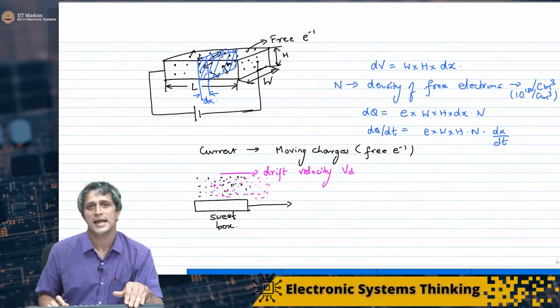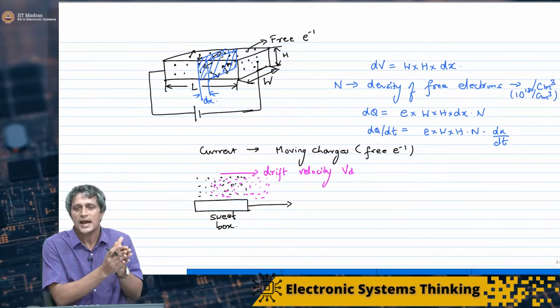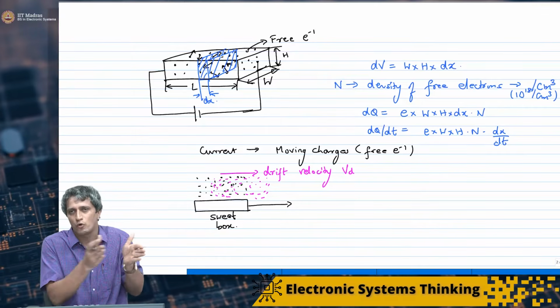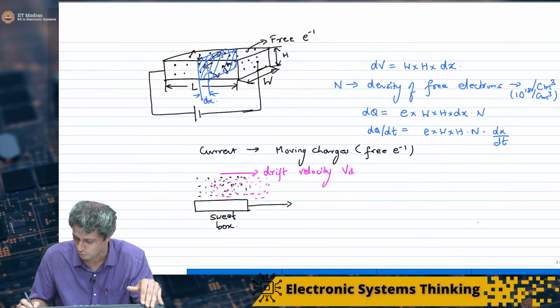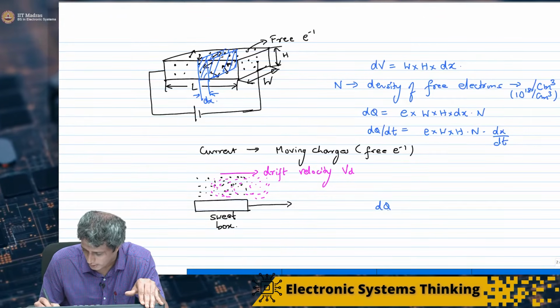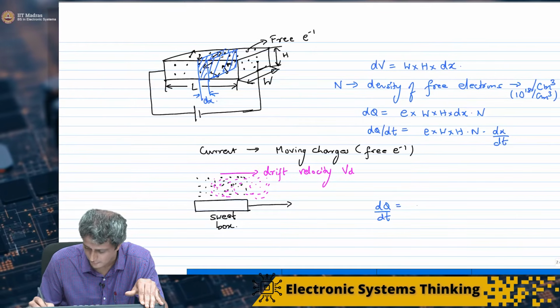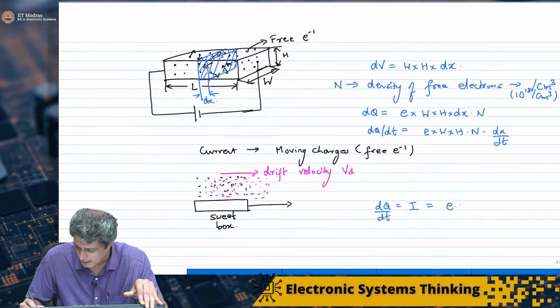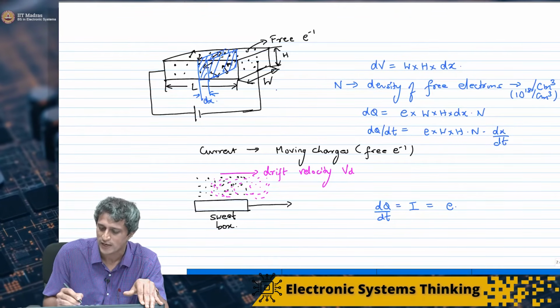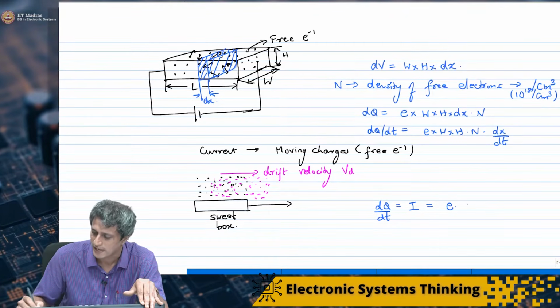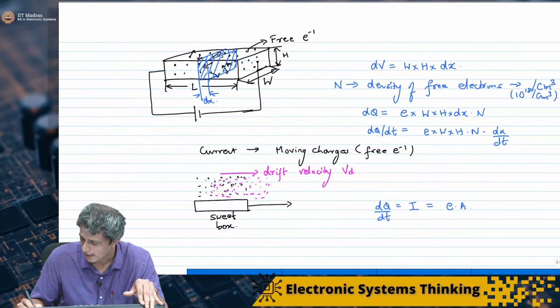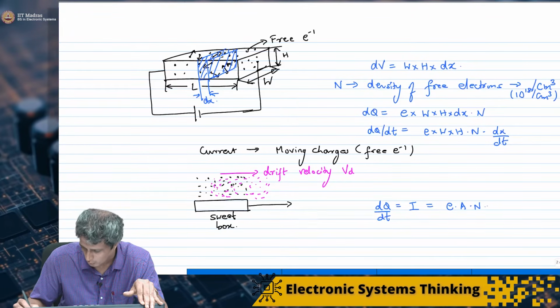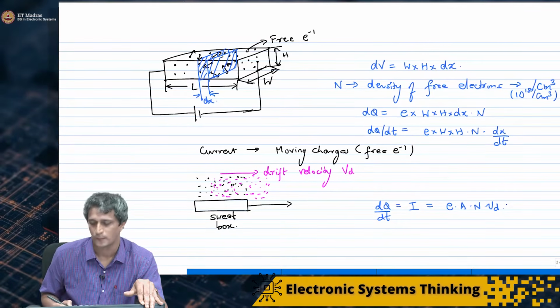So what is dx by dt? It is the rate at which these electrons are moving, or the speed at which these electrons are moving. So dq by dt, which is nothing but the current I, is going to be e, and I will say this W into H is the cross sectional area A, so e into A into n into drift velocity, right?